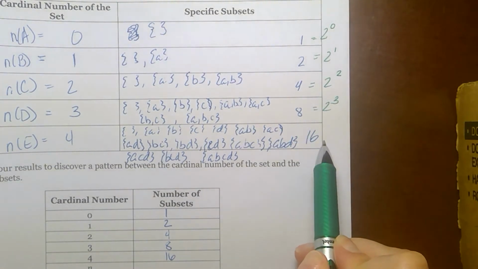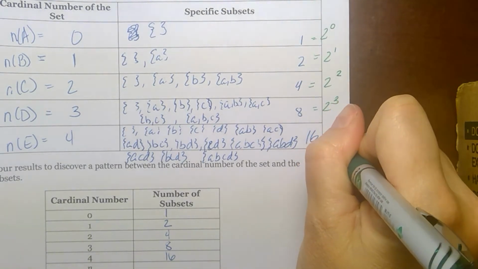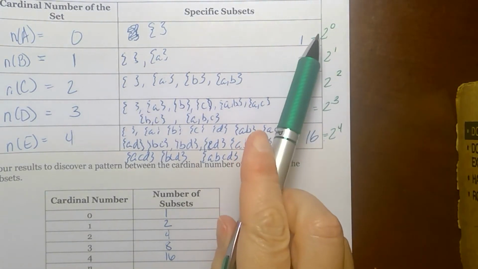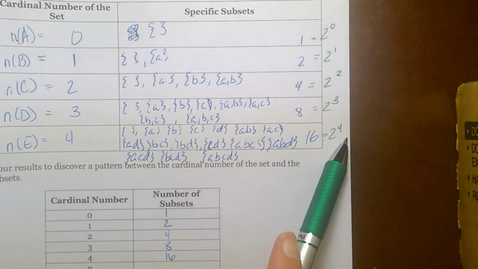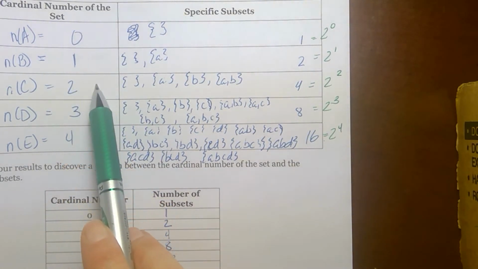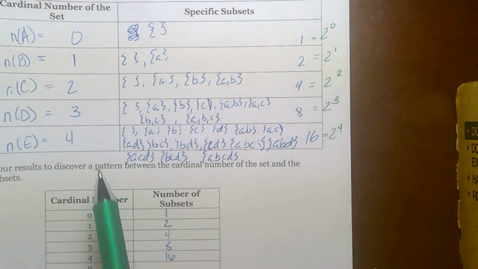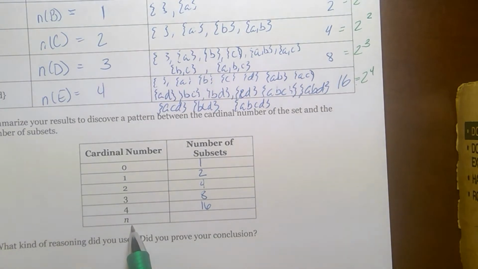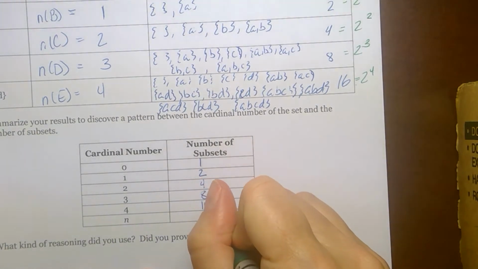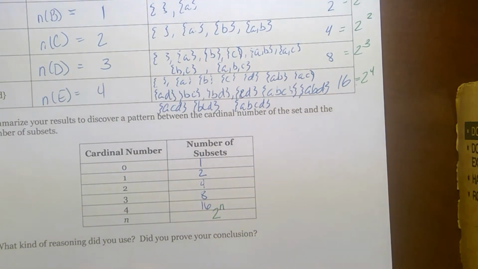What do you think this one would be? Well, 2 to the 4th. Where am I getting those exponents from? They come from the number of elements in the set. So whatever that value is for the cardinal number, I can solve 2 to the n power, and it will tell me how many subsets.